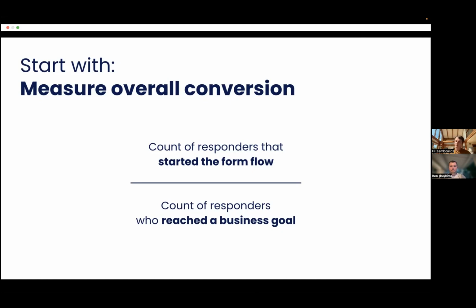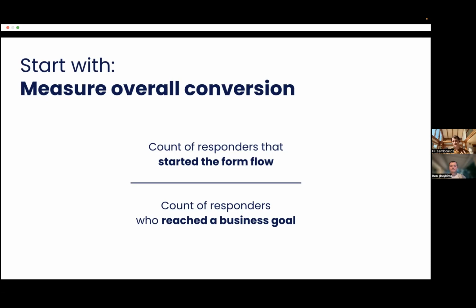And that goal bit is really important because a lot of people just measure until the form ends, right? Until there's no other questions left, or until people reach some sort of dead end in the flow. And that's not really a good measure because, at the end of the day, you want to achieve your business goal, right? You don't want to necessarily optimize for number of form flows completed.